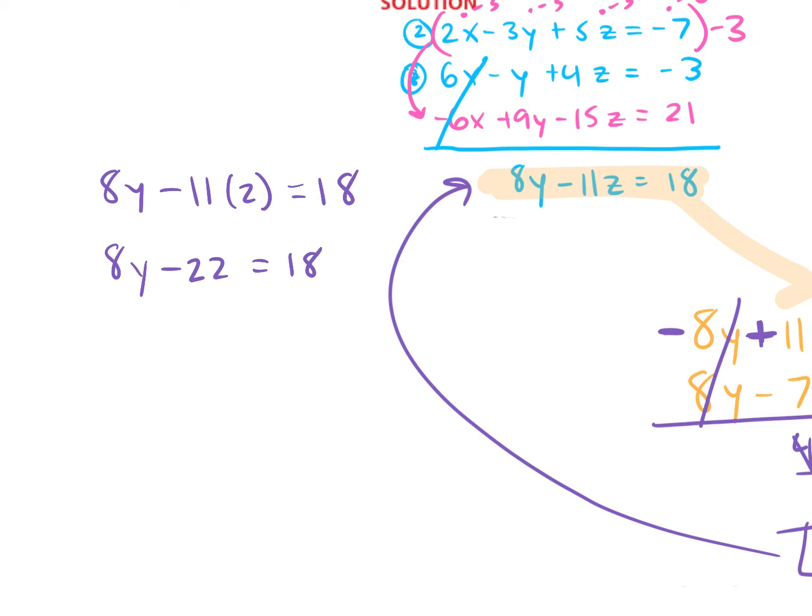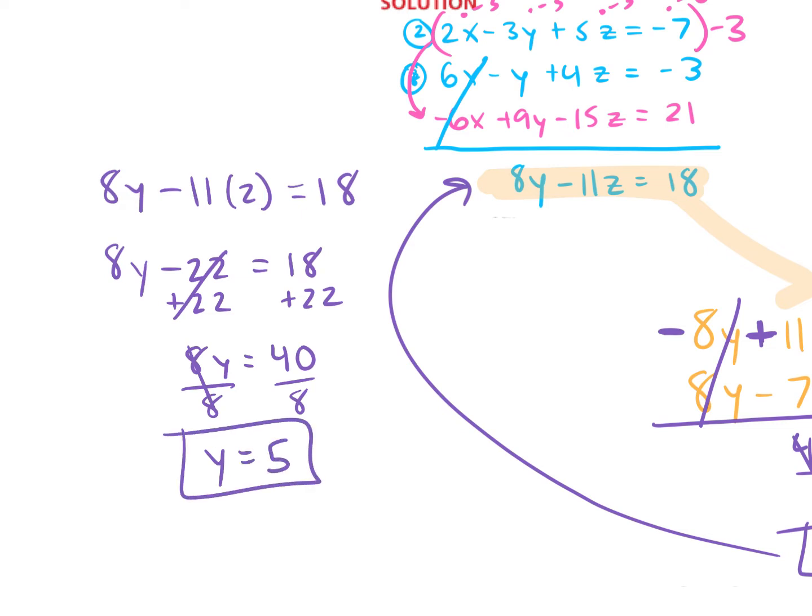So 8y minus 22 is equal to 18. What can I do next? Add 22 on both sides. So 8y is equal to 40. And then last, divide by 8. So y is equal to 5. All right, so there's another answer.